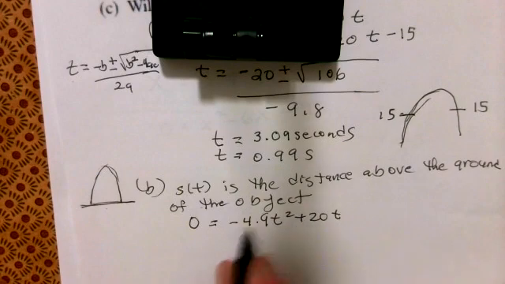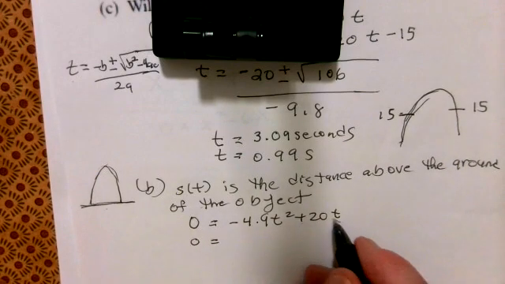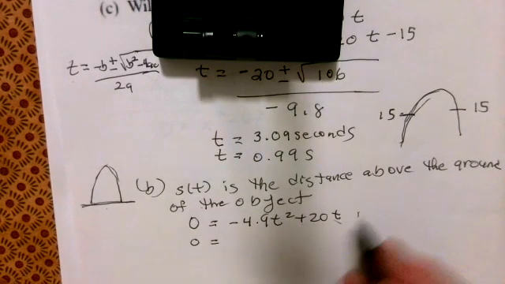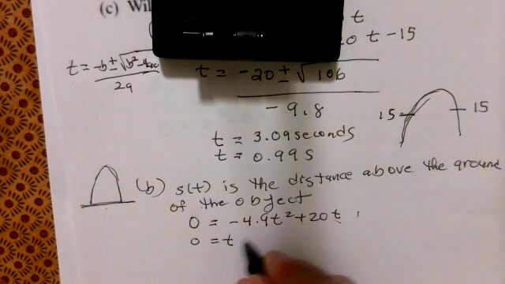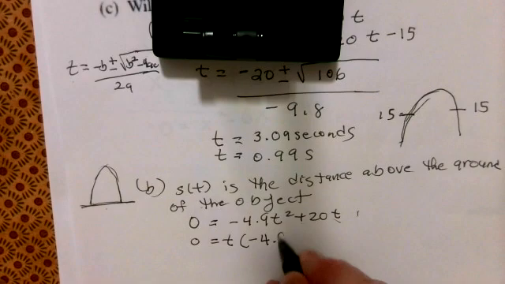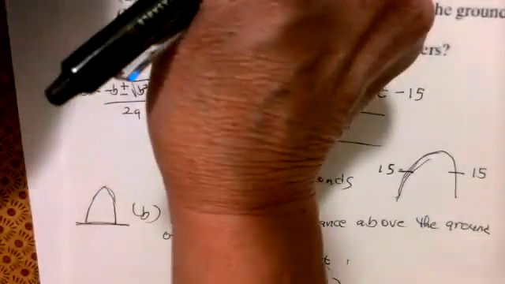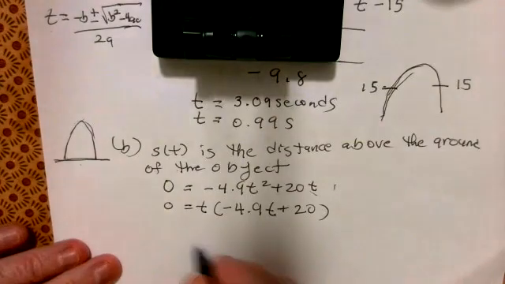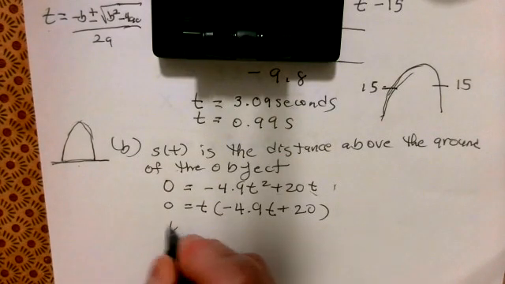Now, you could use the quadratic formula on this, but it would be easier in this case to just factor it because it doesn't have that last constant term, and we've got t as a common factor. So I can factor a t out. And then I can set both factors equal to 0. So I have t equals 0.